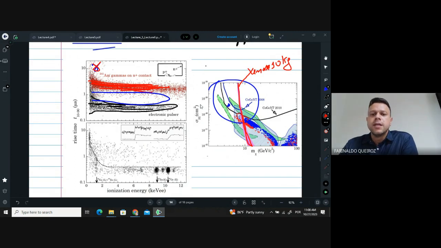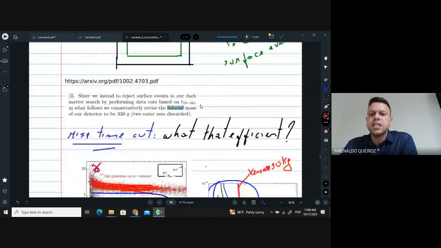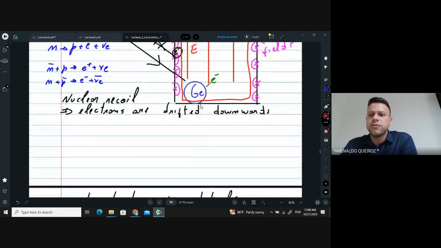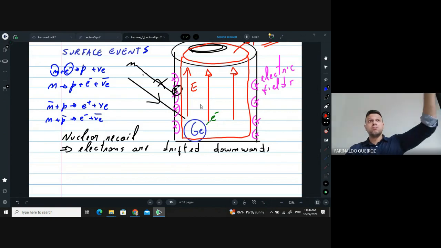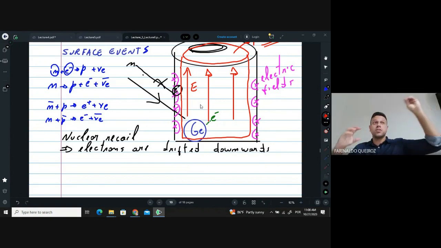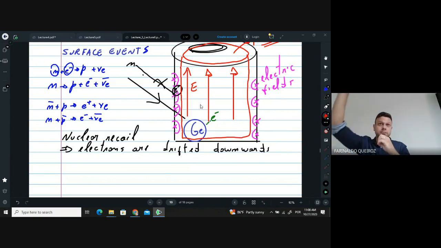And then they claimed to reject the signal from the background, claiming the following. If there is by any chance a neutron coming and hitting my germanium target, they have a neutron source, they calibrated, and they realized that the neutron takes some time.